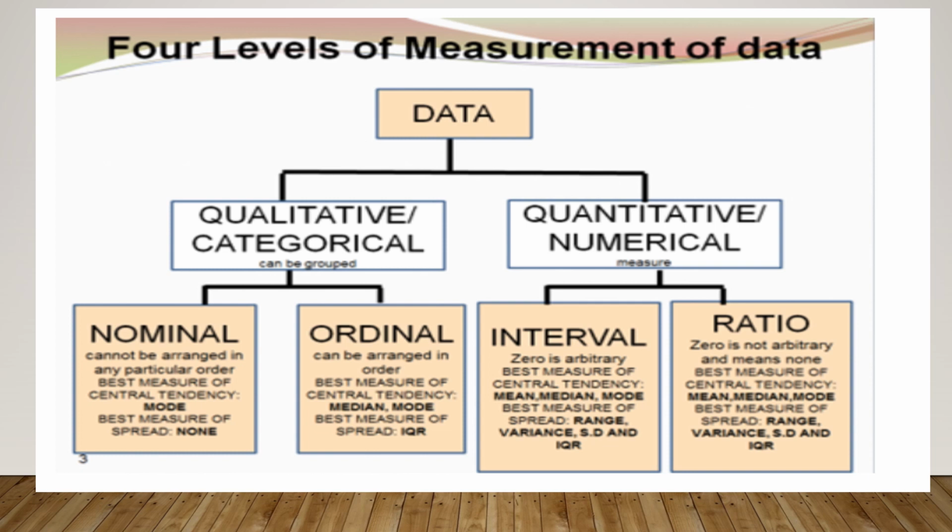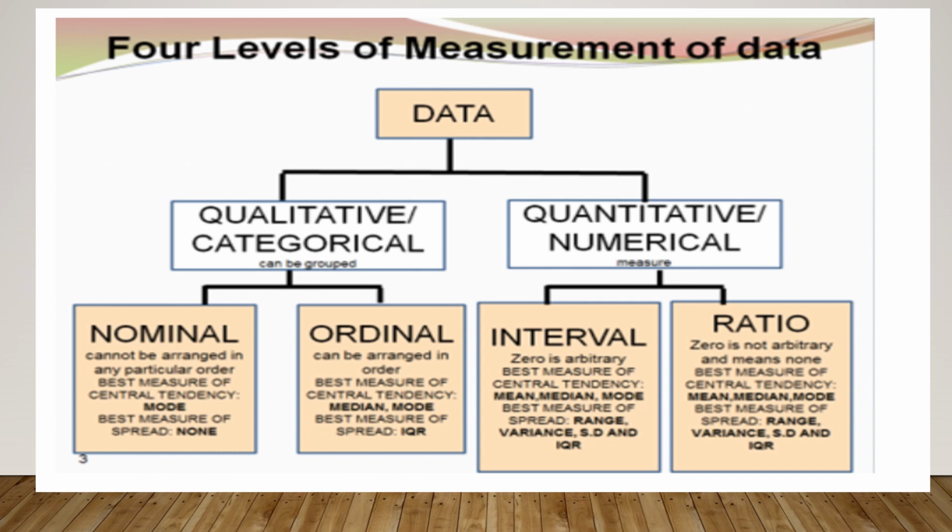While ratio data, the zero is not arbitrary and means none. The best measures of central tendency are the mean, median, mode. Then the best measures of spread are range, variance, standard deviation, and interquartile range.